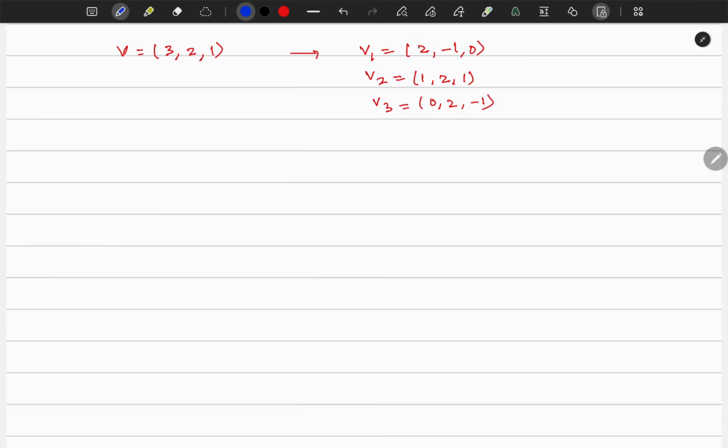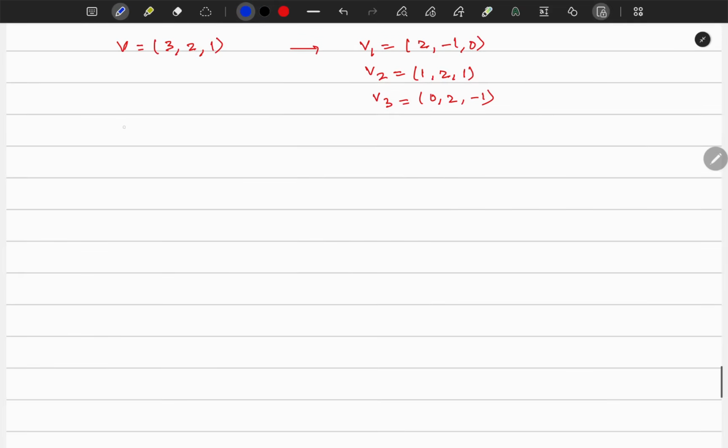Let's suppose that we have the scalars alpha 1, alpha 2, alpha 3, so we write v equal to alpha 1 v1 plus alpha 2 v2 plus alpha 3 v3, and these alphas are from the field. Now you have to solve this.